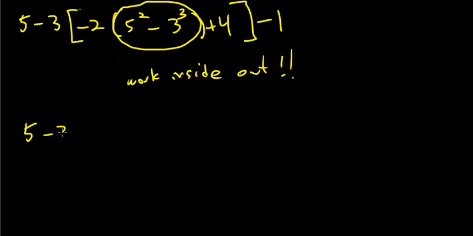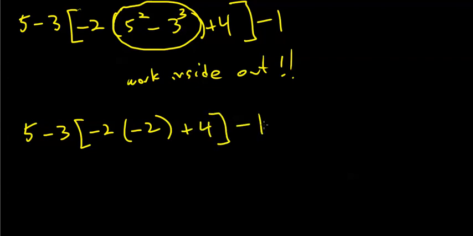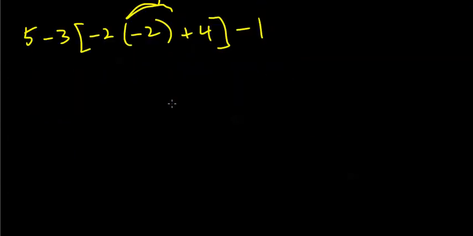Leaving all other operations pending, I'm going to say 5 squared is 25 minus 3 cubed is 27. So 25 minus 27 is minus 2, is it not? And again, I'll just copy the other stuff untouched. So that innermost nested set of parentheses turns into a negative 2.